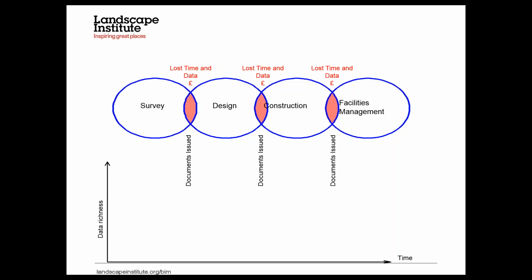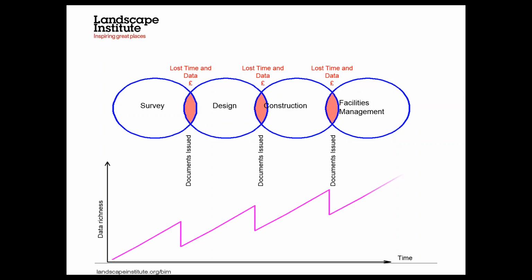So what we tend to find happens generally is we produce data, and then rather than passing all that down, we dumb it down. We give somebody a PDF and some documents, and they have to interpret that and recreate that data. They go and produce their information, then dumb it down to a PDF and documents that get passed on. Each of those dumbing downs is a potential for time, cost, and errors to be introduced into a project.